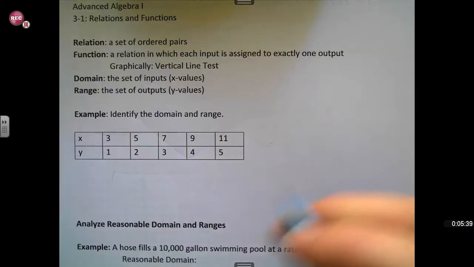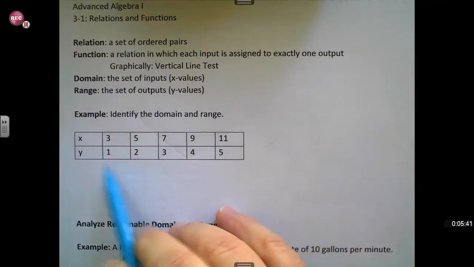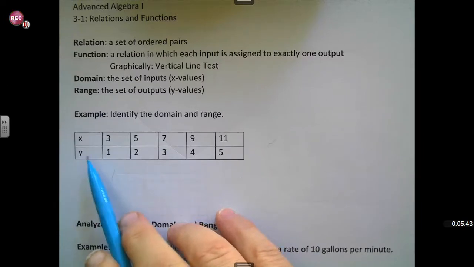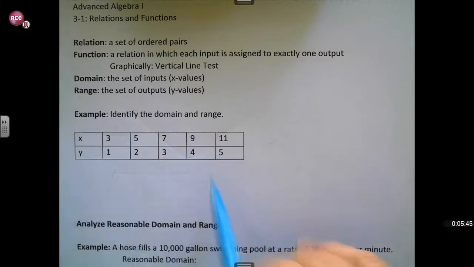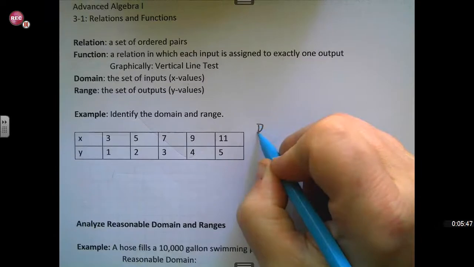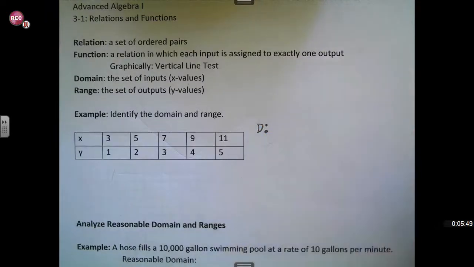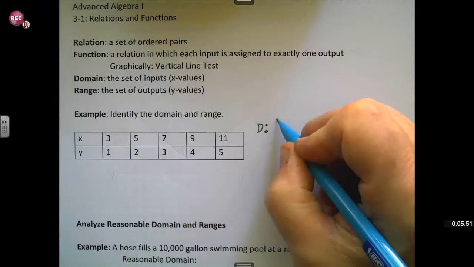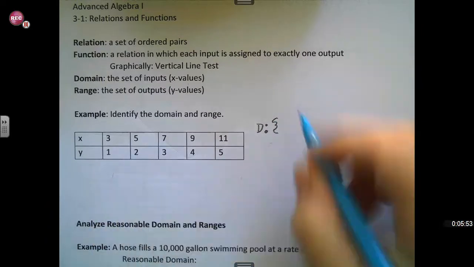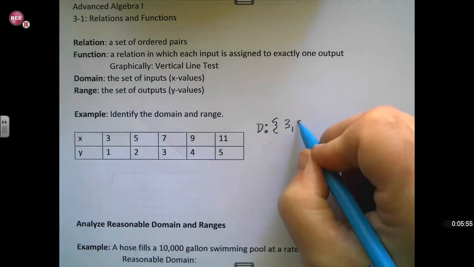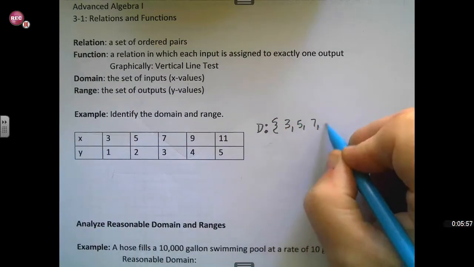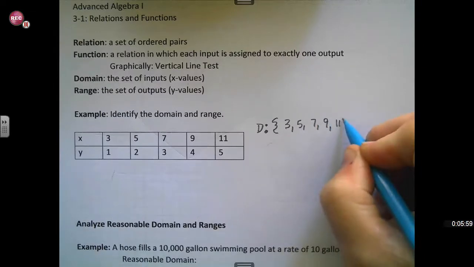For example, if I give you a set of ordered pairs in a table, we would say the domain, and D for domain obviously, is 3, 5, 7, 9, 11.